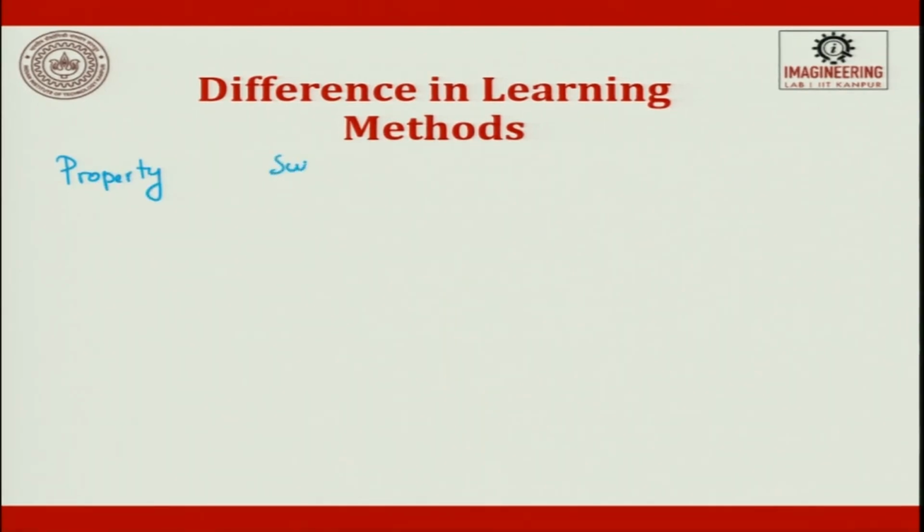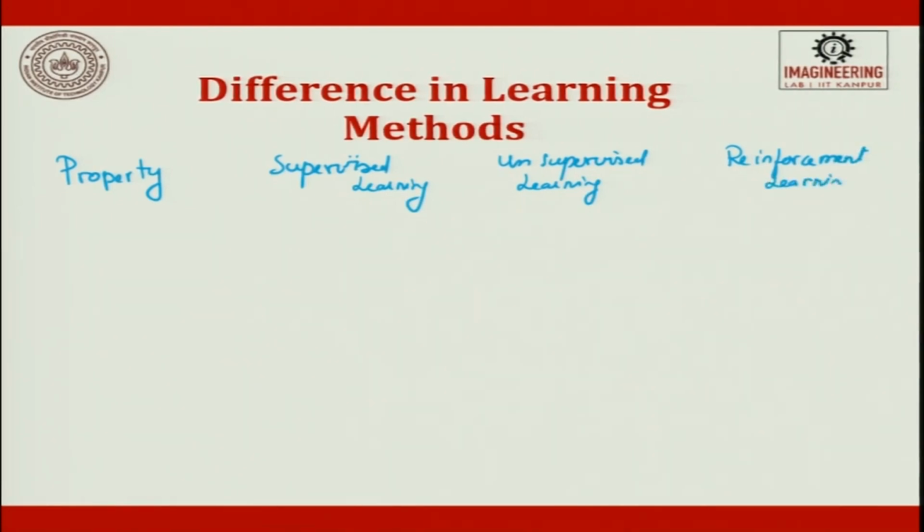Then this is supervised learning, this is unsupervised learning, and the last one is reinforced learning. The first property is the definition.